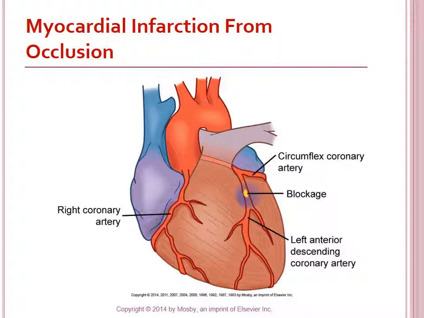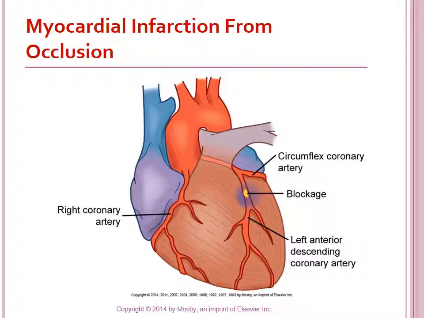MIs are usually described based on the location of the damage, so either anterior, inferior, lateral, septal, or posterior wall infarction. Most involve some portion of the left ventricle. The location of the infarction correlates with the involved coronary circulation. For example, the right coronary artery provides blood supply to the inferior wall.